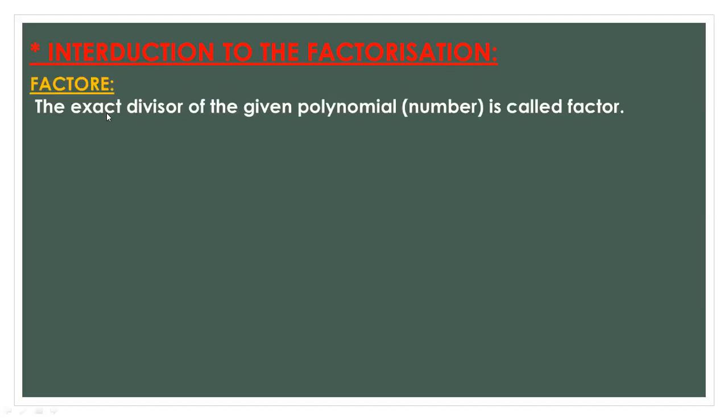It means what is meant by factors, and some numerical examples. So first, the factor. The exact divisor of the given polynomial or a number is called a factor. Whatever number or polynomial is given, it should be exactly divided, which means its remainder becomes 0. That divisor itself is called a factor of the given number as well as a polynomial.